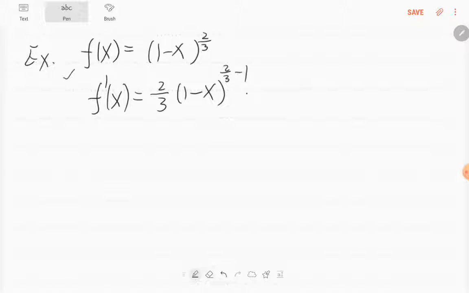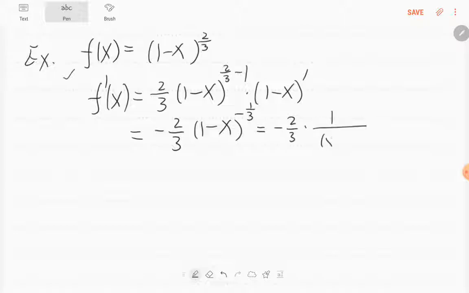The inside function is 1 minus x, so we take the derivative times the derivative of 1 minus x. So this would be negative 2 over 3, times 1 minus x to the negative 1/3. Negative 1/3 means 1 over 1 minus x to the 1/3.